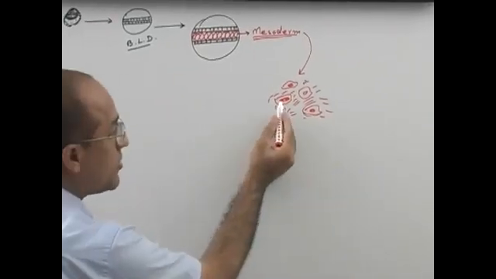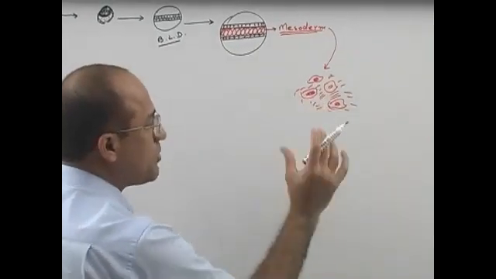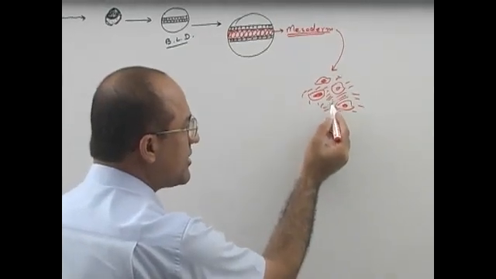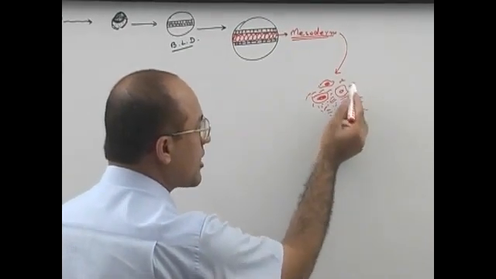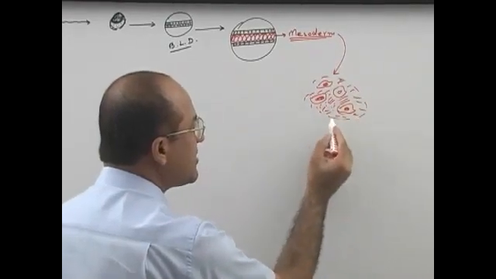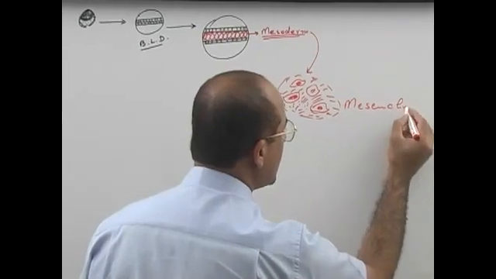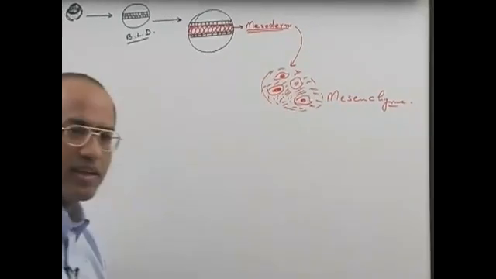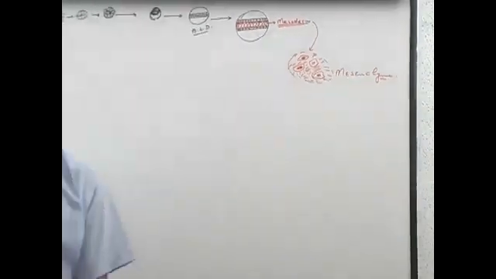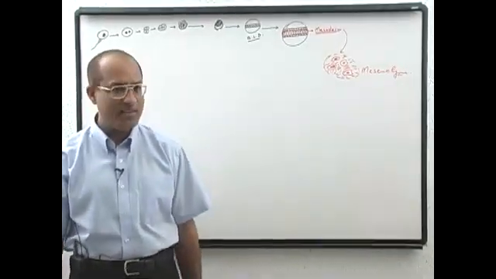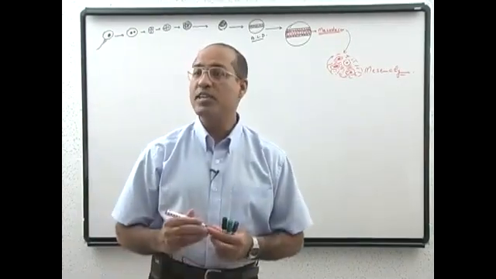Now, these mesodermal cells initially become very loose and start producing some proteinaceous material around them. This whole mass is said to be mesenchyme. What is it? Mesenchyme. So what is mesenchyme? It is made in the early embryo, at a very early stage of development of the embryo, right?